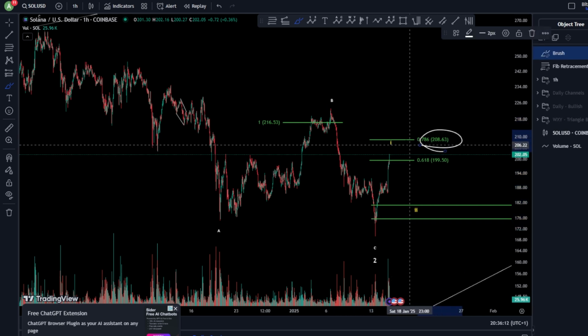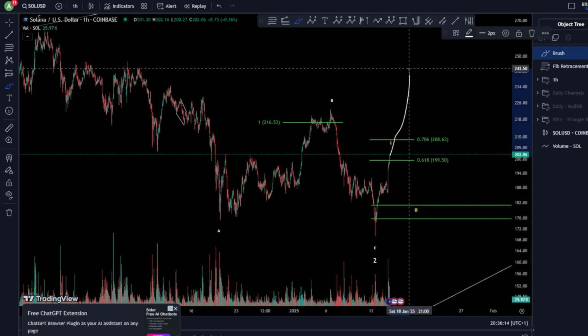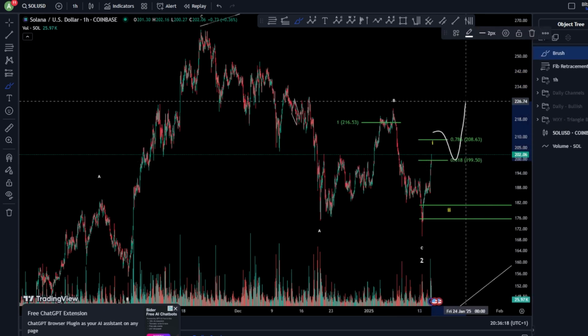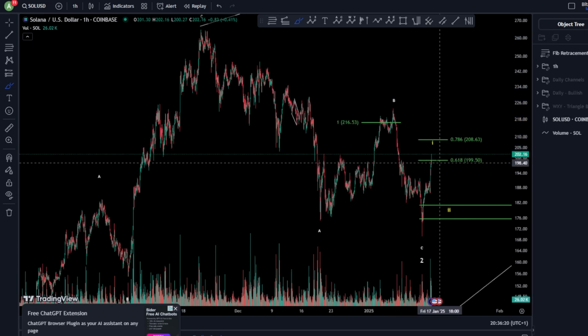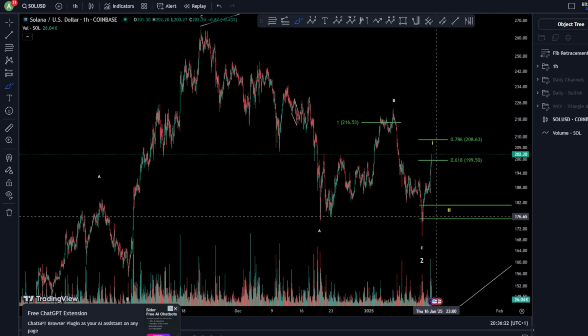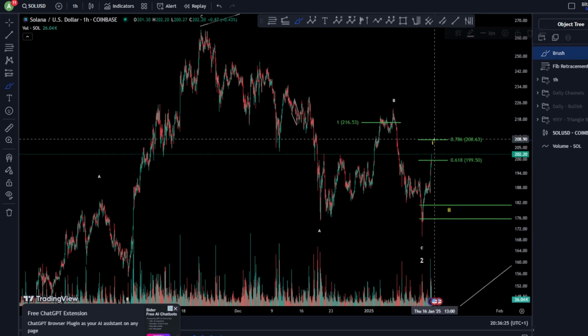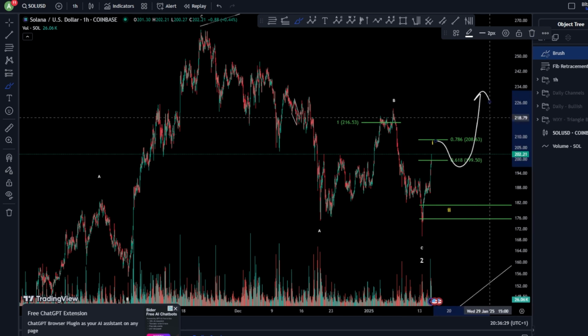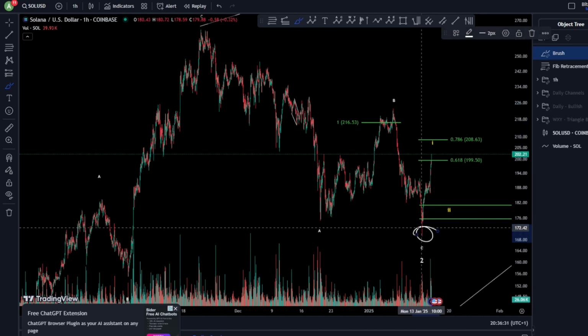Meaning the 208 is a key level for even much higher prices, even if we move down a little bit and then moving up. If we break these levels, meaning we will not take the low anymore, it doesn't mean that we move directly, but it can retrace and continue toward the upside without taking the low.